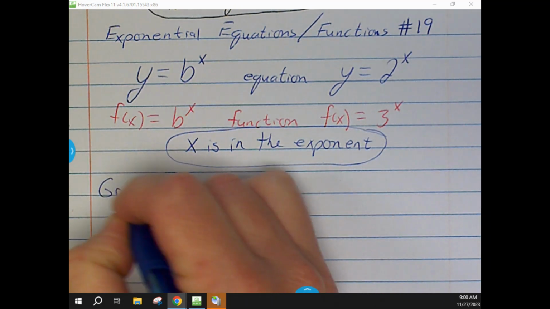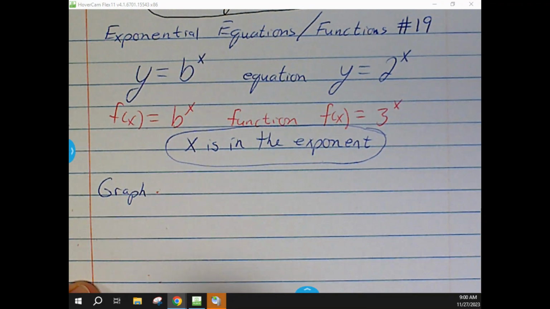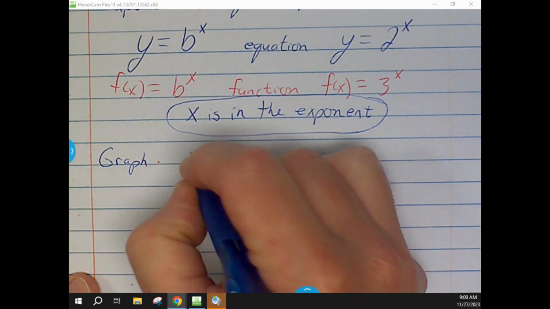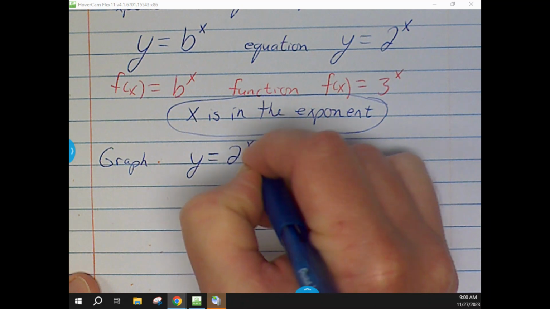Okay, and probably the very first thing you're going to have is we're going to work on some of your basics on exponents, because I know we've done some stuff with exponents, but we're going to go back and look at the basics. So for this one, we're going to graph y equals 2 to the x power.